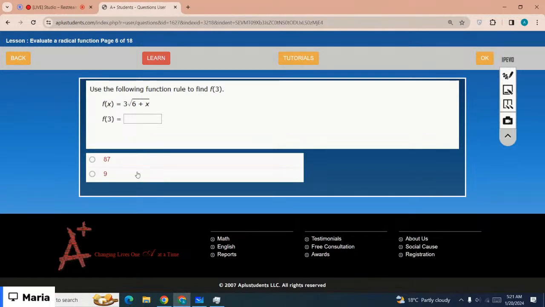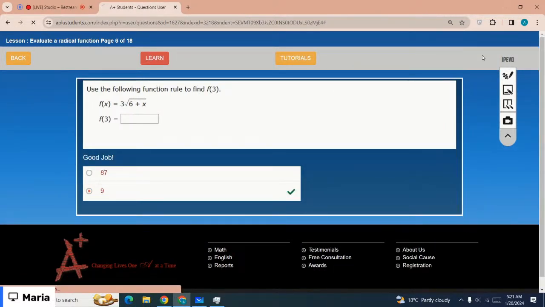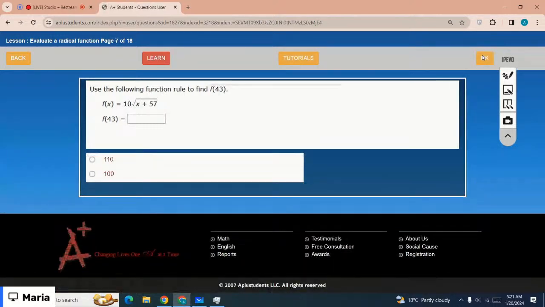Yes, that is 3 times 3 equals 9. The correct option is 9, right? Okay, you can complete the lesson by yourself later today.